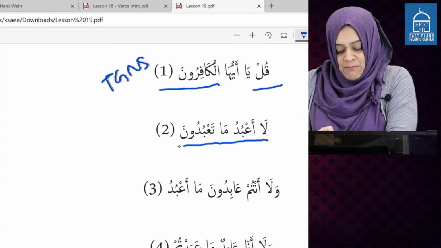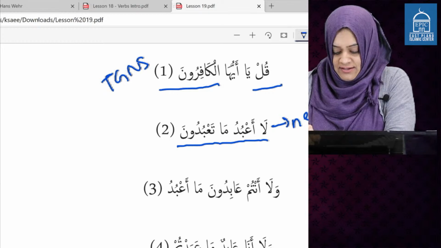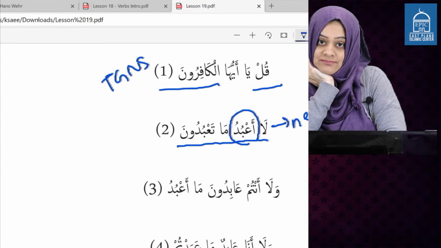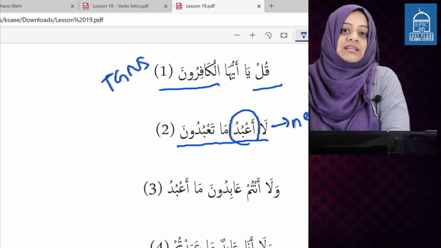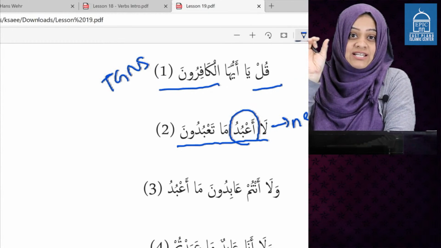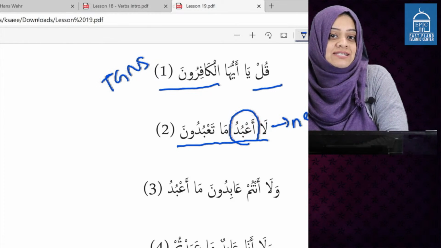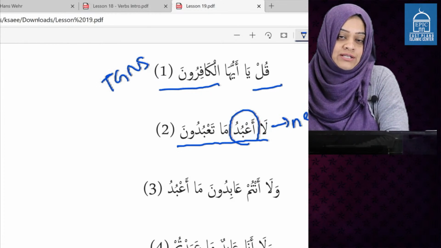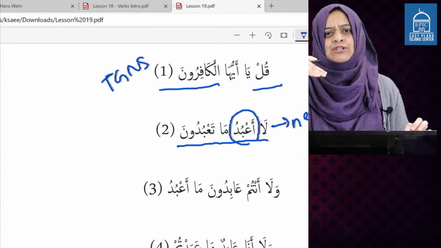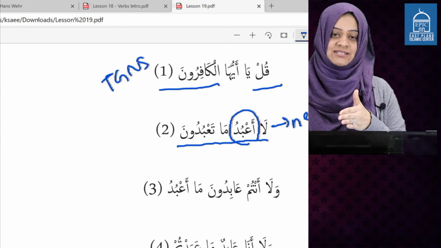La a'budu ma ta'budun. La is negation. Now, what kind of a word is a'budu? You should know it now. A'budu, af'alu, it begins with a hamza. When it begins with a hamza, automatically you want to see whether it is a verb or not. Like I said, hamza sometimes can be part of a spelling also, but the majority of the time it is part of the mudare.